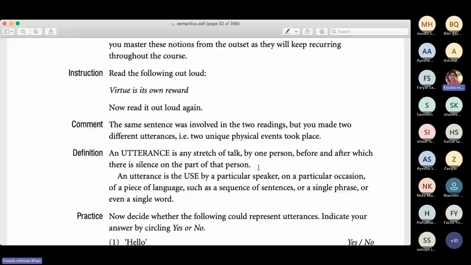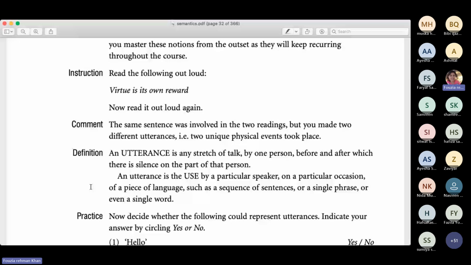So basically it's a unique physical event that takes place, and the stretch of an utterance can be from one phrase, from just saying hello or hi, to any stretch, even a complete talk. But it has to be by one person, and it has to have an end through a pause, through a silence. There can be situations of overlap. I hope the idea of utterance is clear.